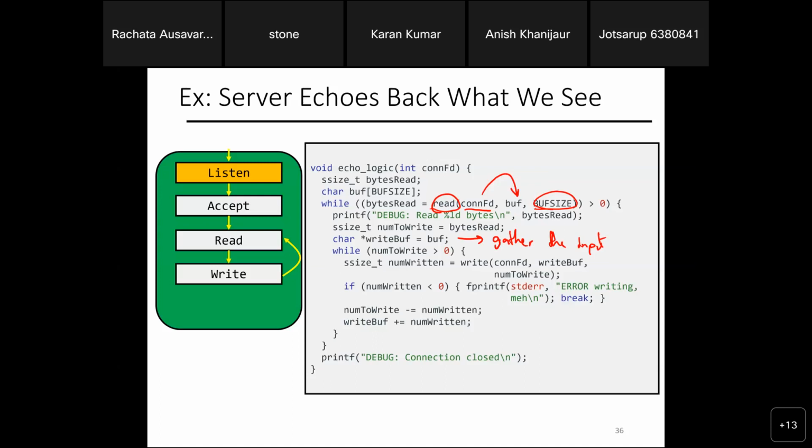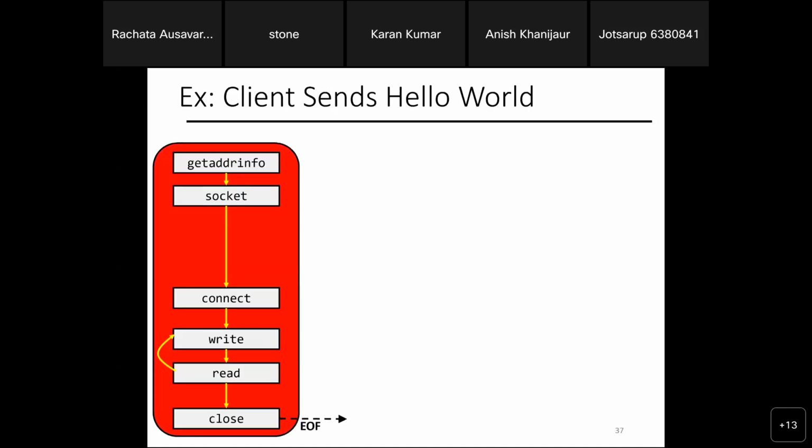Once I'm done, I'm using the function write again through the same connection FD. I write it back, because we are echoing. Basically, we write it back to the client. So that's it from the server side.